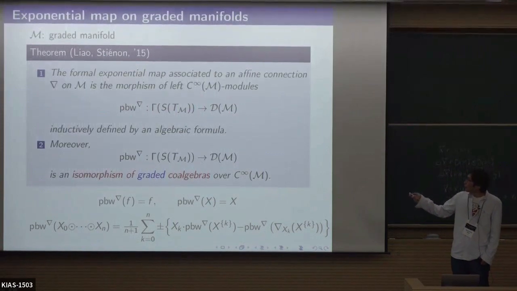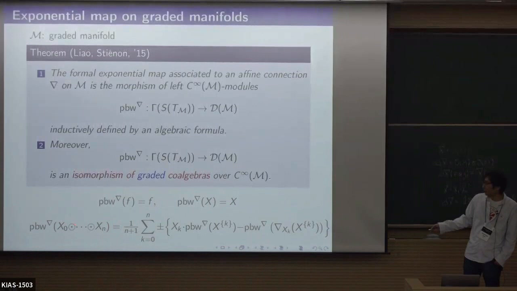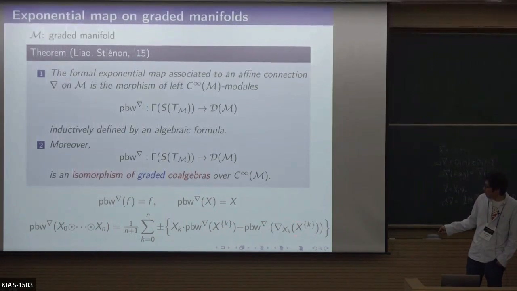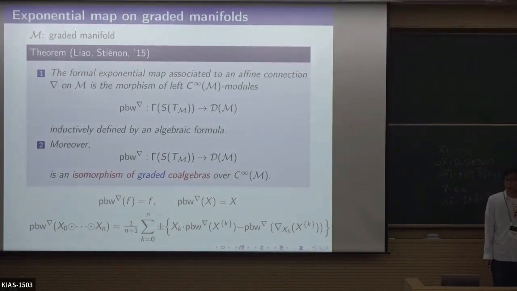And this algebraic formula, I just wrote it once again here: functions are preserved, vector fields are just as they are. And then if you have an (n+1)-symmetric tensor of vector fields, then it only involves the n-tensor, and this also is an n-tensor, so we have a recursive formula which characterizes this PBW map. The nice thing that I mentioned is that we didn't need to use any points on the manifold or geodesics or anything coming from the geometry.